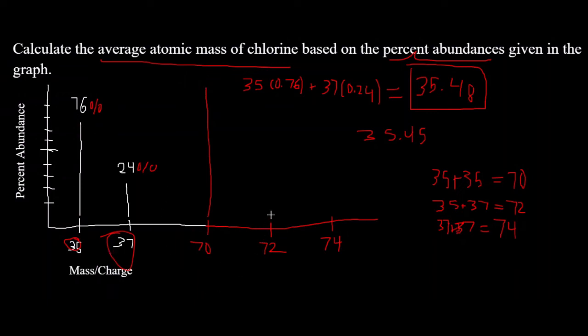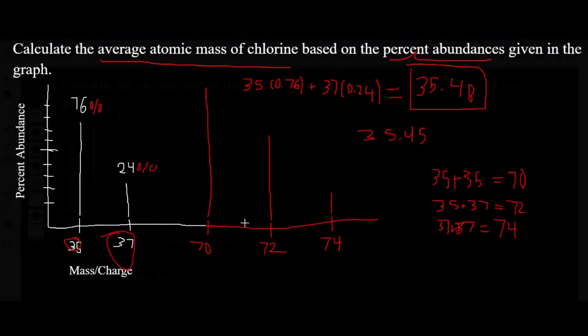Now, for 72, this is a combination of 35 and 37, so pretty common and not so common, so we end up with somewhere in the middle. Now 74 is a combination of the two least common, so it is going to be even less, something like this. And that is how you can find the percent abundances of the diatomics based on what you are given in the earlier graph.